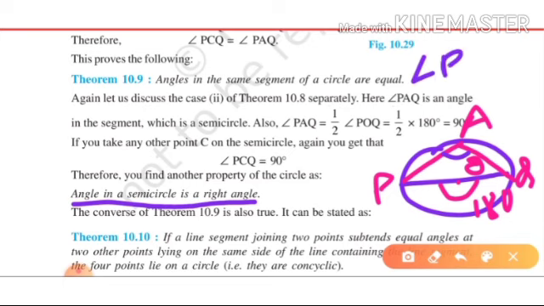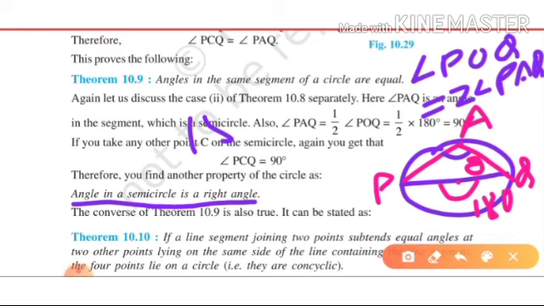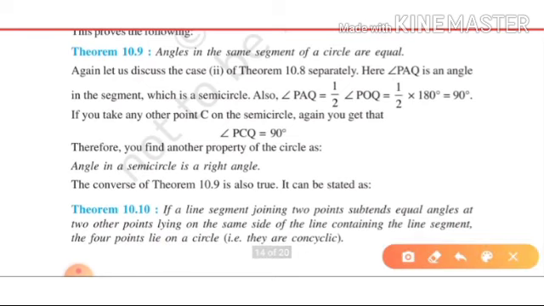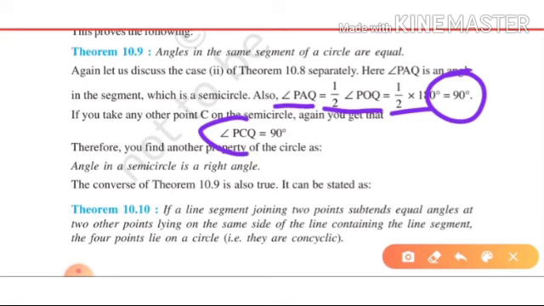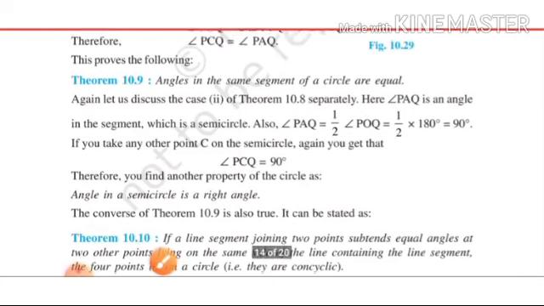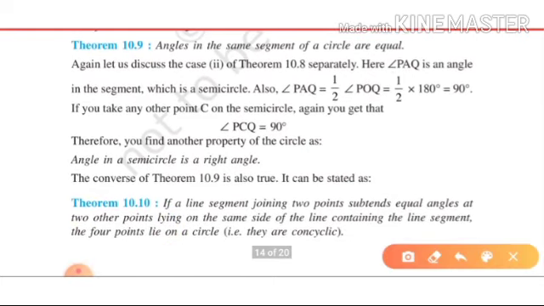That means POQ is double the angle PAQ. And POQ we know is 180 degrees. So if you transpose, PAQ will become half of angle POQ, and POQ is 180. So half of 180 is what? It will be 90 degrees. So PAQ will be 90 degrees.